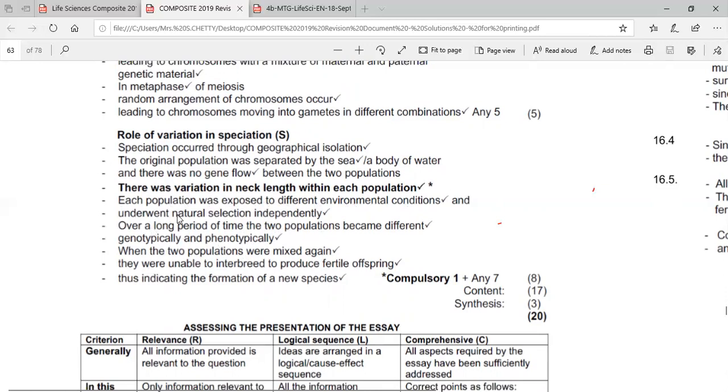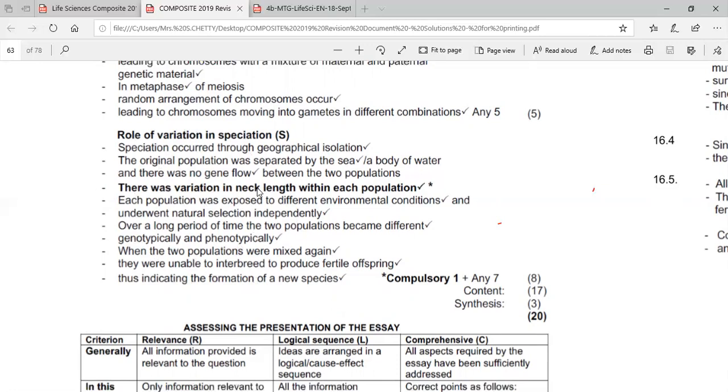What was the role of the variation in speciation? It was so crazy to ask the child to write generally about speciation, and just talking about speciation. But the role of variation in speciation, no one mentioned the role of the variation. Nowhere was it mentioned. Absolutely nowhere.